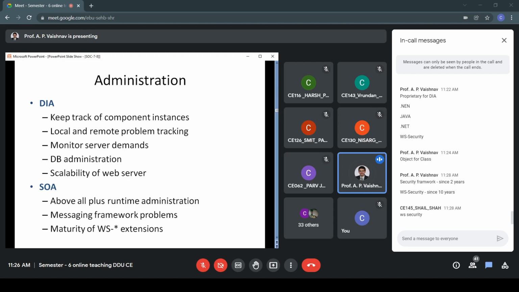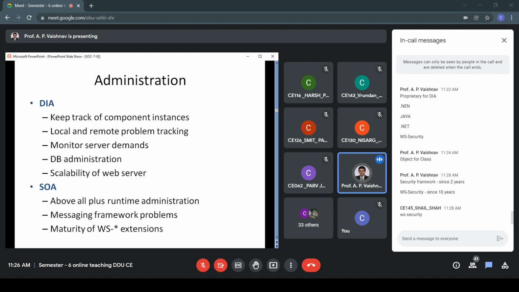So this is about administration. Some things are common, some things are different. I hope you're getting the point. I'm not clearly comparing two architectures, because SOA is a type of DIA. Some things are going to be common, but we need to know what the difference is. So this is about SOA versus DIA.